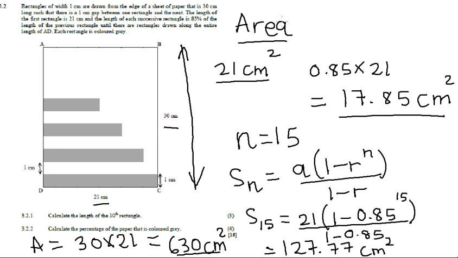So the percentage of the shaded area will be 127.77 all divided by 630 multiplied by 100, and that comes out to be approximately 20.28%. So that's the percentage of the area that is occupied by the shaded rectangles.